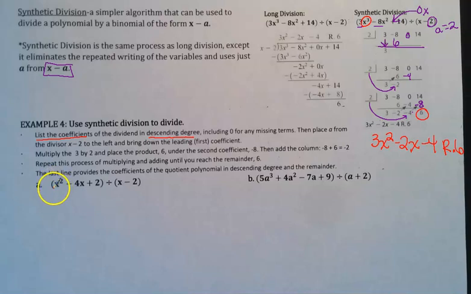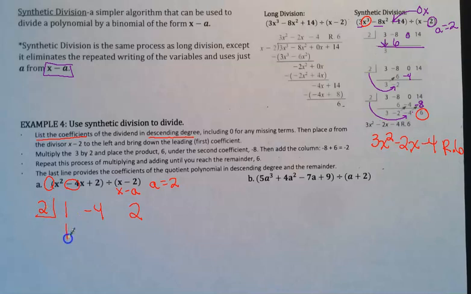So our coefficients here would be a 1, then a -4, and then a positive 2. Again, this is our divisor. The form is x minus a, so here our a equals 2, so we're going to divide by 2.